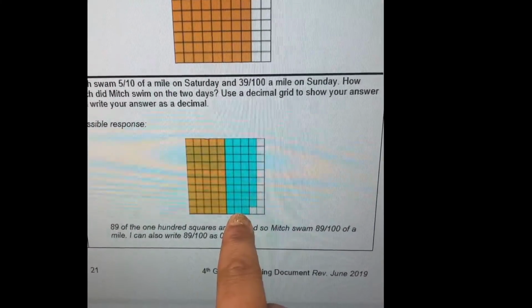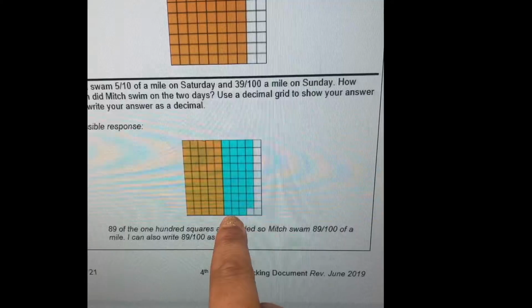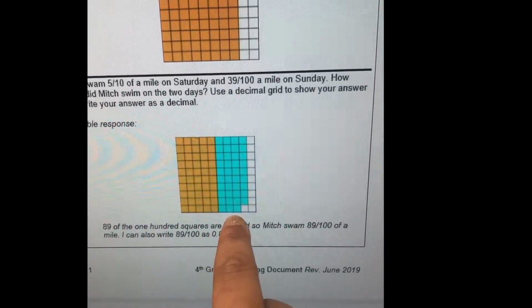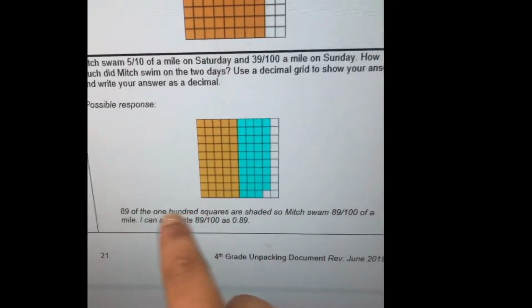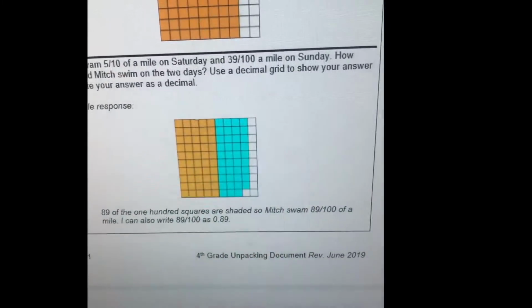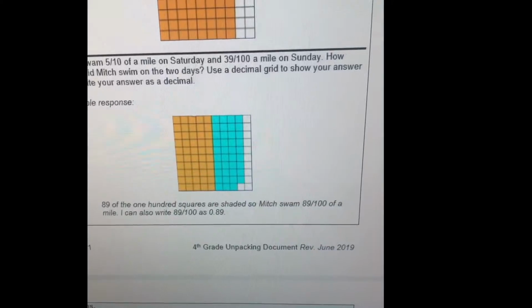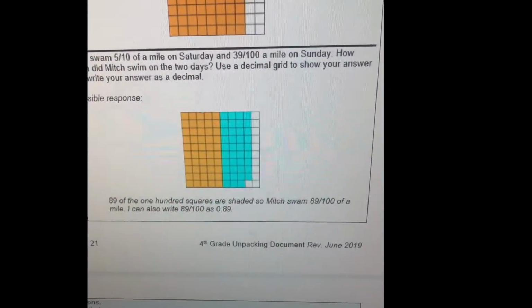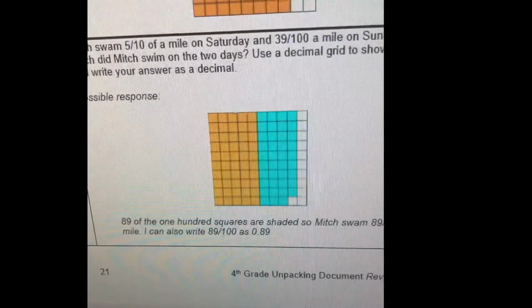That's 39 hundredths. That's 10, 20, 30, 39. 89 of the 100 squares are shaded, so Mitch swam 89 hundredths of a mile. I could also write 89 hundredths as a decimal.